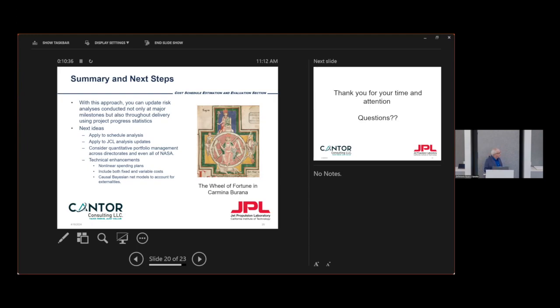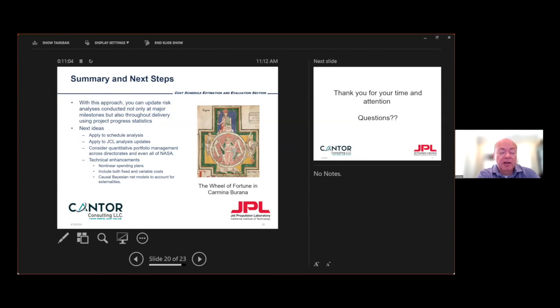And Christian? Yes, so this sort of thing can be extended to do joint confidence level analysis updates. So you have a joint confidence level analysis, a bivariate analysis of cost and schedule uncertainty at some point, using potentially a parametric model or one of the tools that are commonly used at NASA, such as Primavera or JACS.